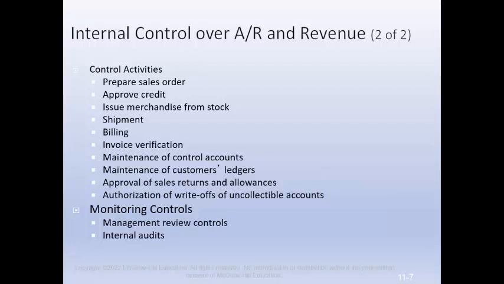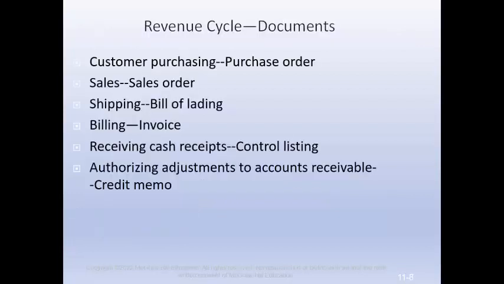When this degree of subdivision is feasible, accidental errors are likely to be detected quickly through the comparison of documents and amounts emerging from independent units of the company, and the opportunity for fraud is reduced to a minimum. If management review controls are suitably designed, the auditors may decide to test their operating effectiveness and review any internal audits that have been conducted for accounts receivable and related accounts.